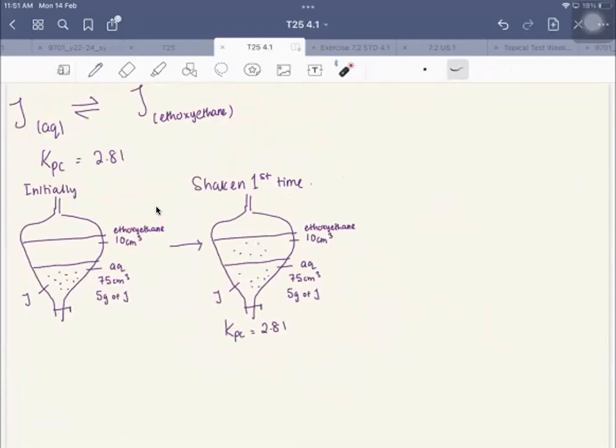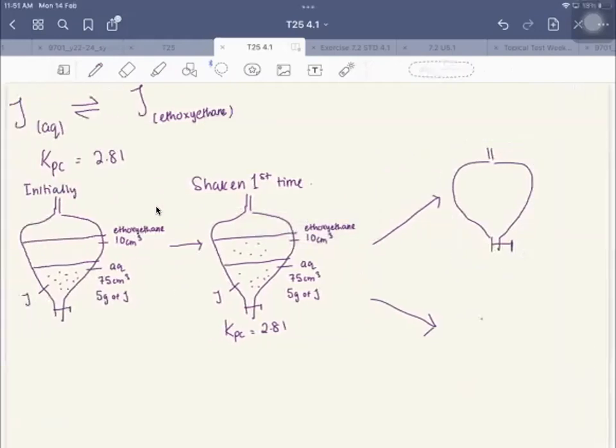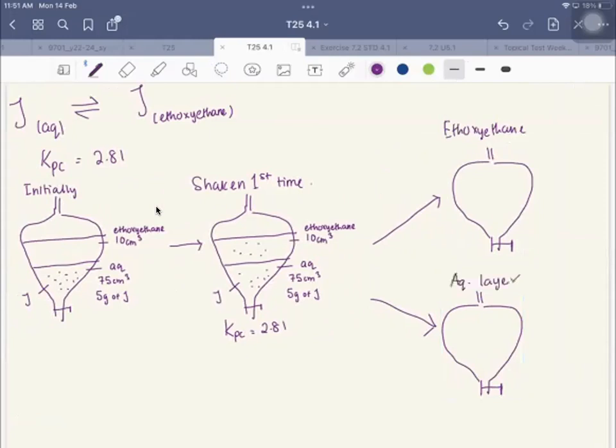Okay, so now I separate the layer. So I will just draw a new separating funnel. I hope I have enough space. So this is the ethoxyethane layer, and this is the aqueous layer from the first shaking or the first washing.